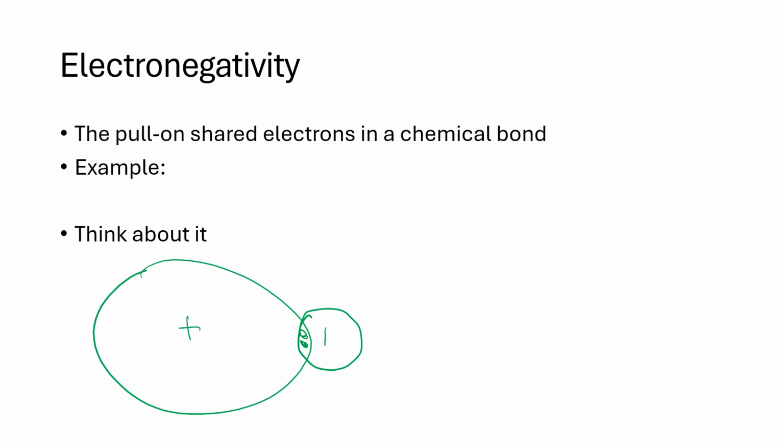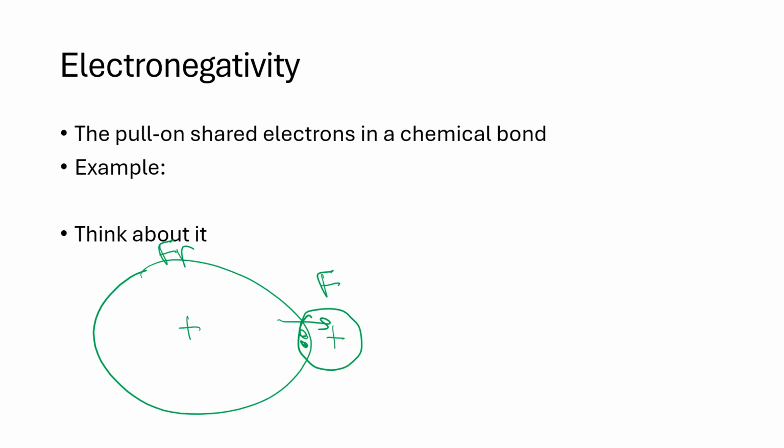That fluorine has a positive charge in the middle, so does that francium. Now, since it's based on radius, the protons in fluorine are closer to those electrons. Therefore, that fluorine is going to pull those electrons more.